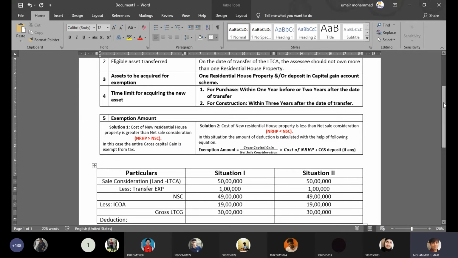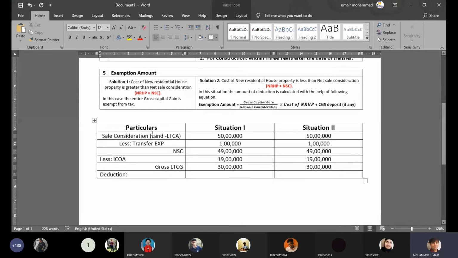So now, in order to claim exemption, the assessee should sell any long-term capital asset other than residential house property, and with this money, the assessee should buy a new residential house property. So let's assume the assessee has bought a new residential house property, and the value of the new residential house property is 50. And here the value of the new residential house property is 45 lakhs.